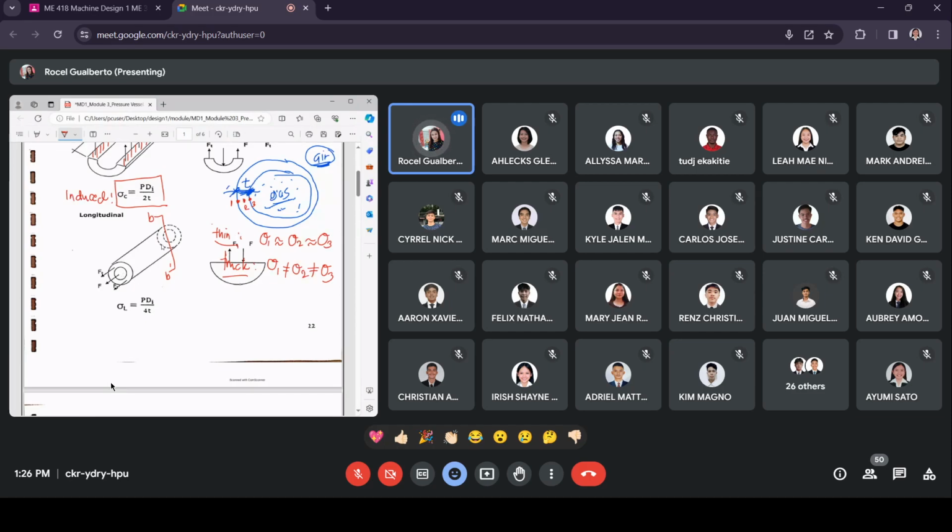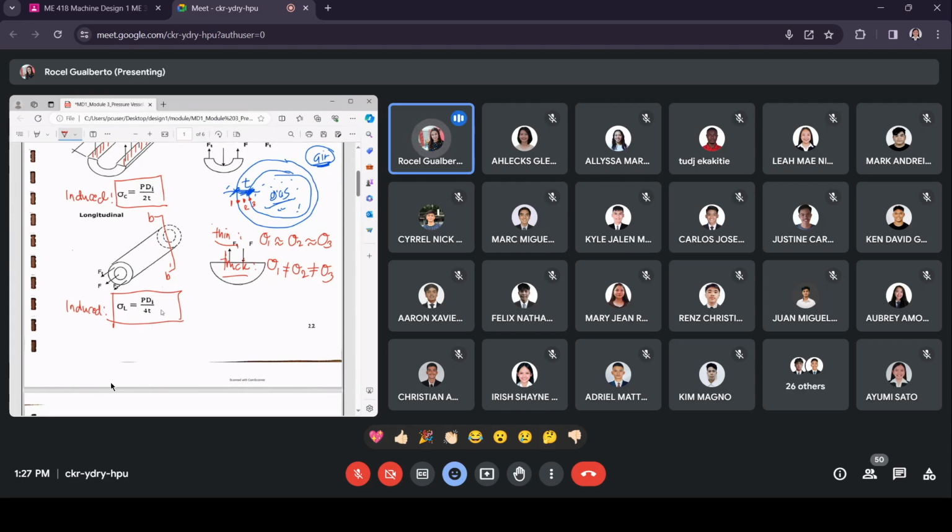So, this is BB prime. This is the remaining section when you cut the cylinder this way. So, you come up now with another induced stress. Again, this comes from stress equals force over the area, which leads to a longitudinal stress equal to PD over 4T.